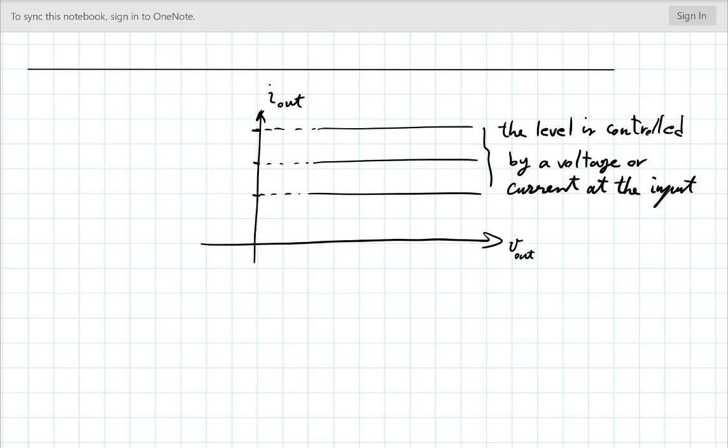And this is a current source, and it's a current source that's controlled by some other signal somewhere else, a voltage or current somewhere else. And of course, we saw that this works in a range of the output voltage. Otherwise, you would reach a decline. And the details of the curves, the actual equations were different for the BJT and MOSFET, but the general shape of the behavior had a lot of similarity.